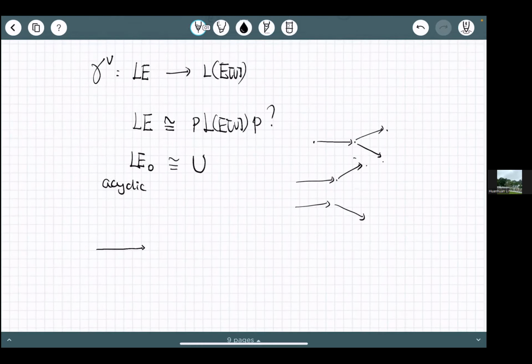For example, you know the universal cover of the graph, this E tilde, where the fiber is the integers. This is the graph I'm referring to.